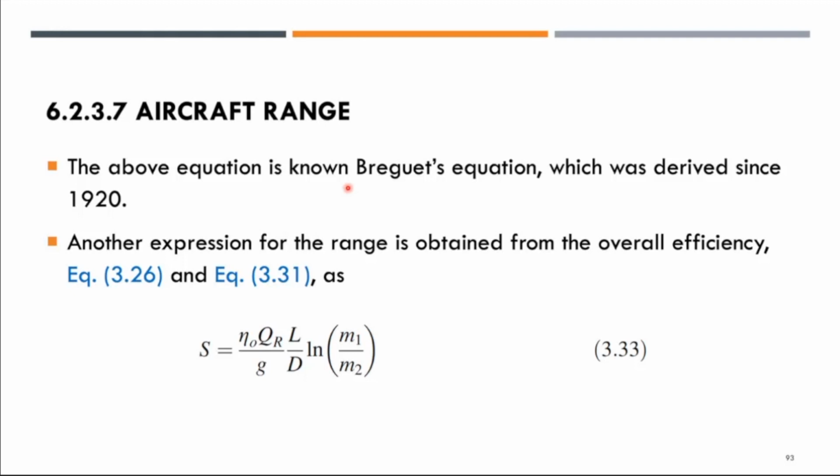Another expression for this range is obtained from the overall efficiency, from equation 3.26 as well as 3.31. You can have the overall efficiency component over there, and that can also determine the range of the aircraft that you design.